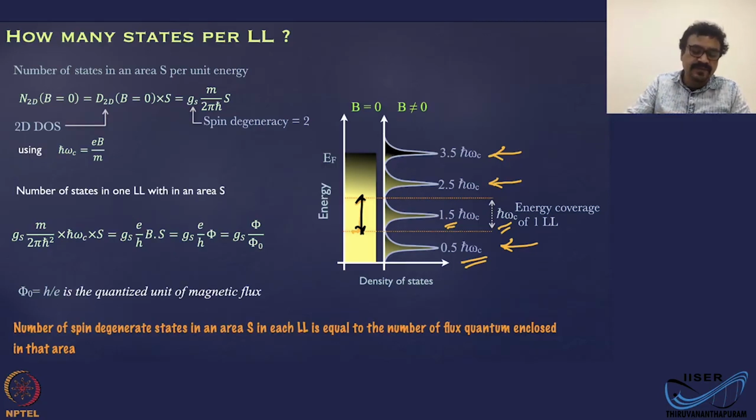And you can use omega c equal to eB by m, and the number of states in one Landau level within an area S. Now you have to be a little bit careful here.